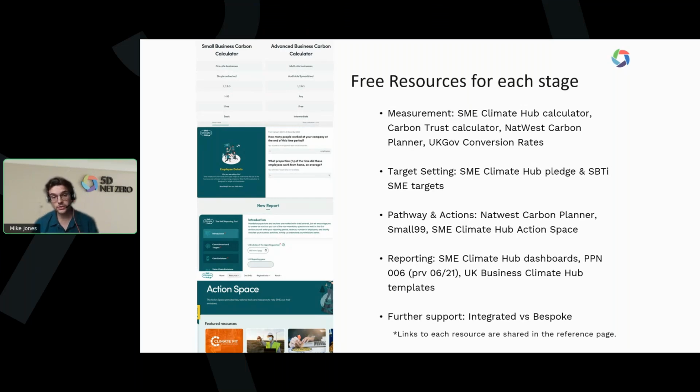So I want to go through the core stages and refer to a few. I've created an additional page, which you'll see in a second as we pass through it, that has all the links, so when you get these slides later, you should be able to go to each one of these and explore it more. But for measurement, the SME Climate Hub Calculator has two options. All of the images on your left-hand side show you examples of what that might look like.